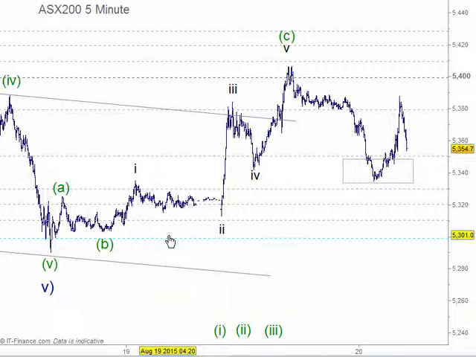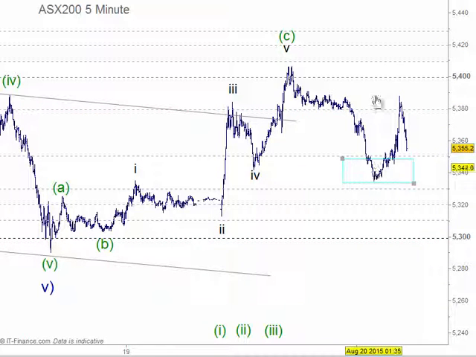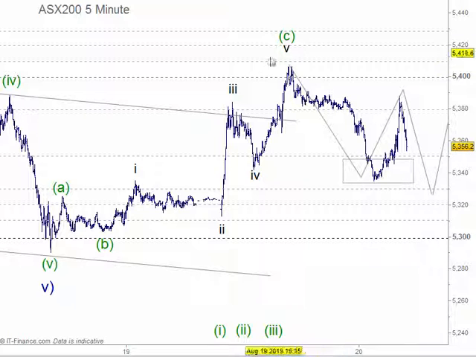I should have done that in black really, but it appears corrective at this stage. So this can still be corrective too, in terms of an A wave, a B wave, and a C wave here, and then up from there. But this A, B, and C here is good enough to see this market work lower from here.